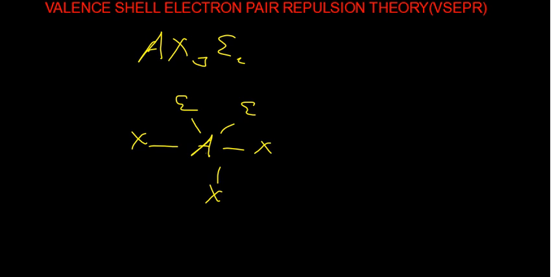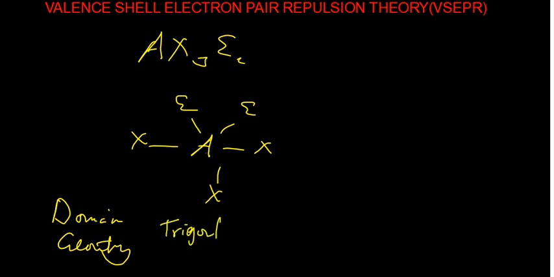So the domain geometry is still trigonal bipyramid because we consider also the electrons. But the molecular geometry is not going to be trigonal bipyramid. Why? Because when we are naming, we don't include these here. Those will just be taken as a lone pair, like that. So therefore, the shape is called a T-shape.